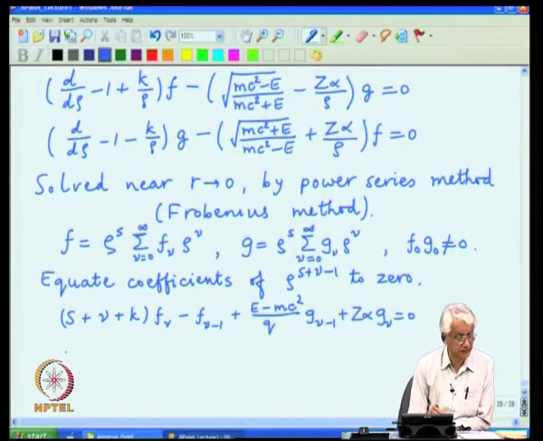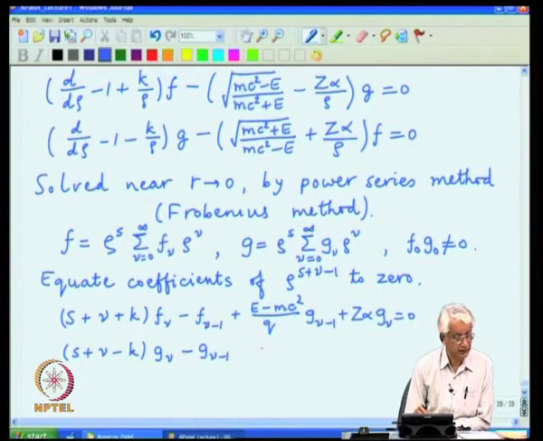This is one equation and the other equation has the same structure except for some change of signs.